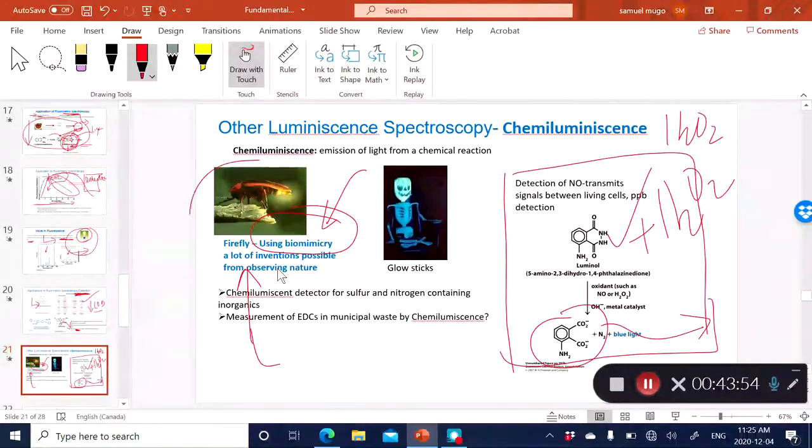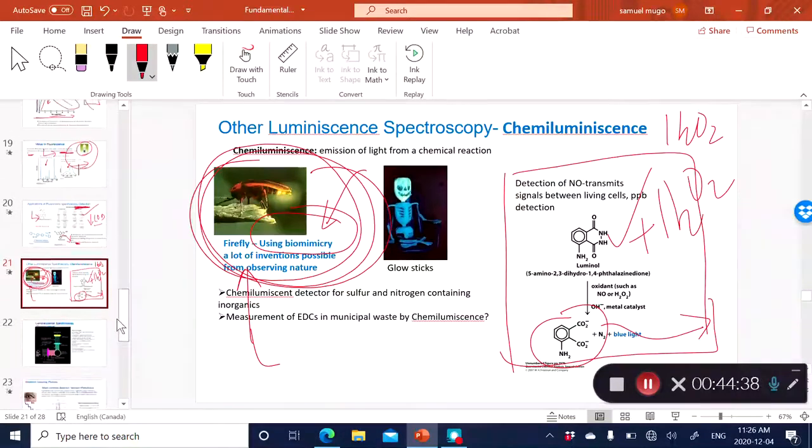People have studied, for example, how the firefly generates its light as a way to create innovations, energy devices that are fairly green, okay? That's what you call biomimicry, which is a fairly good approach to do innovations. So fireflies are good classical examples of organisms that exhibit chemiluminescence, due to the biochemical reactions within the organism giving off light.